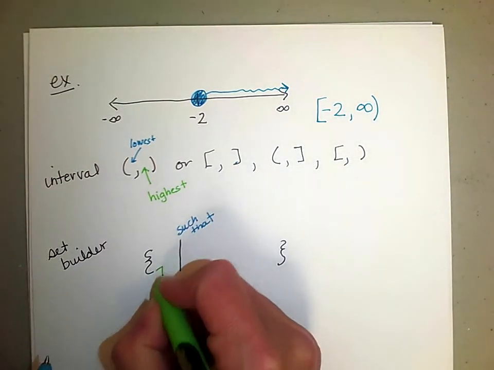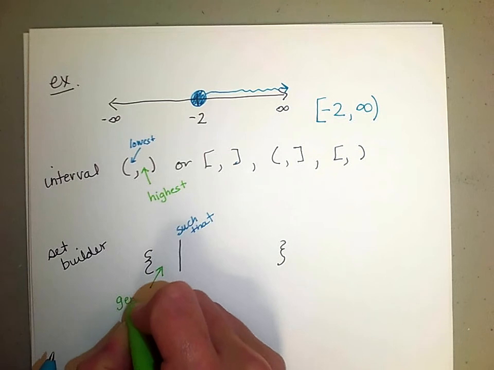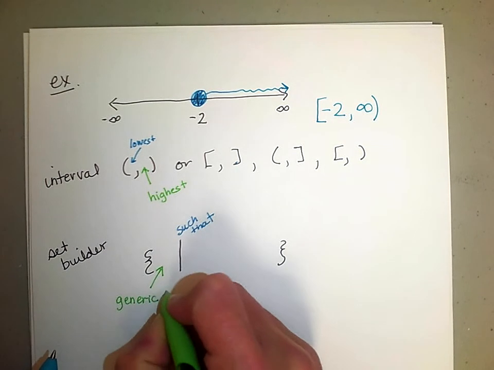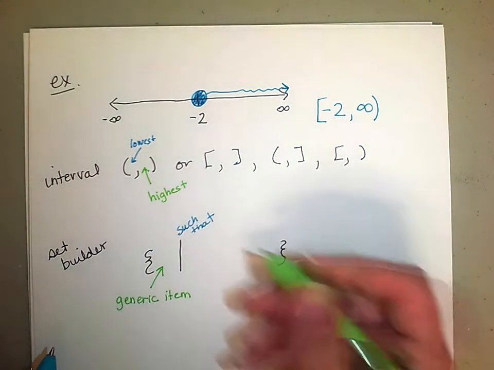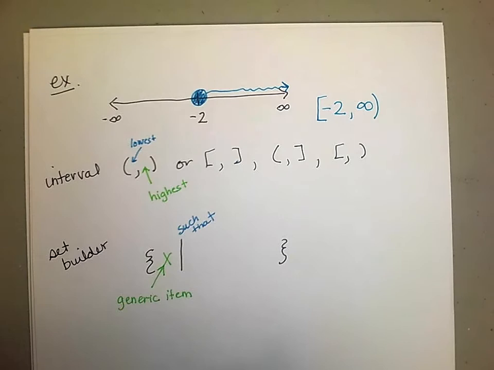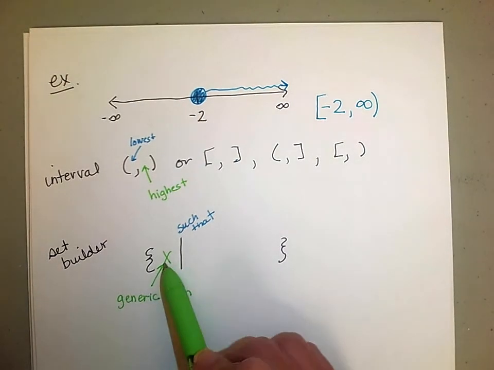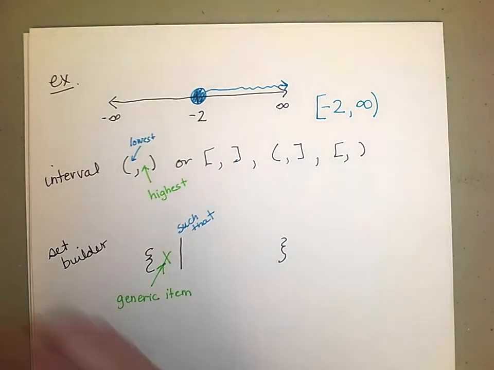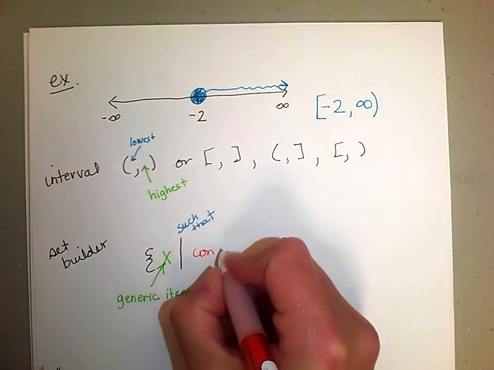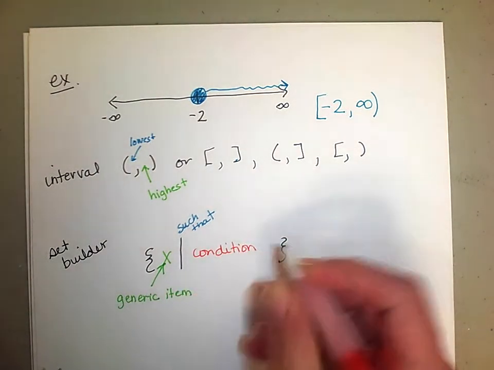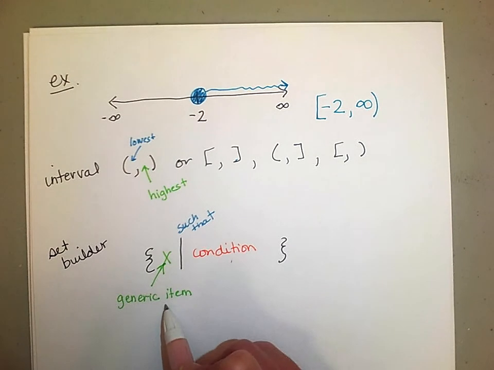In here we put a generic item, and usually that generic item is x. So in the set, here's my generic item, such that, and then I put in a condition. That is, what qualifications must this generic item meet to be in the set?